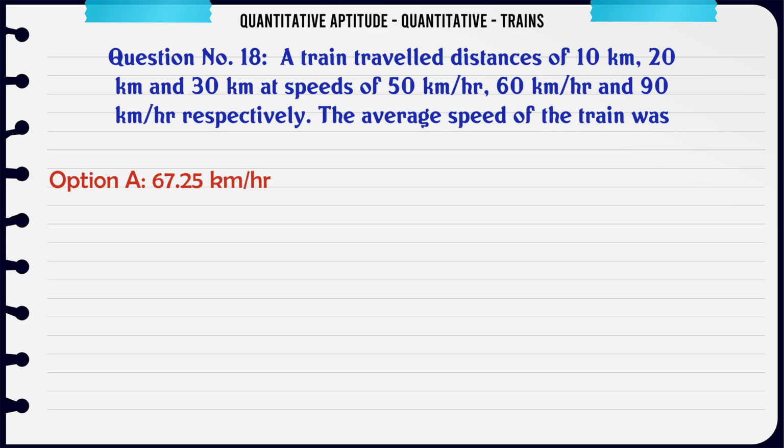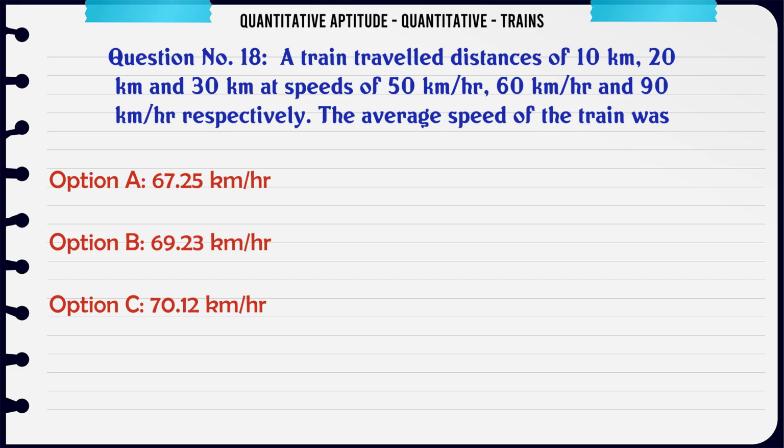A train traveled distances of 10 kilometers, 20 kilometers and 30 kilometers at speeds of 50 km/h, 60 km/h and 90 km/h respectively.